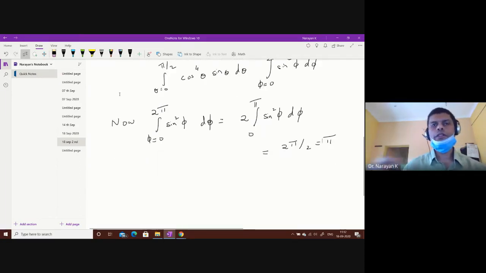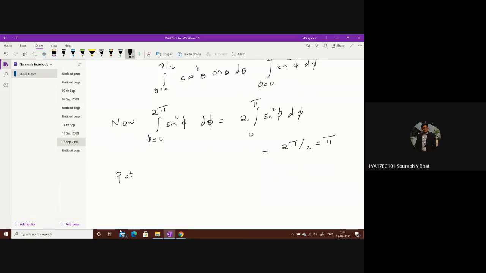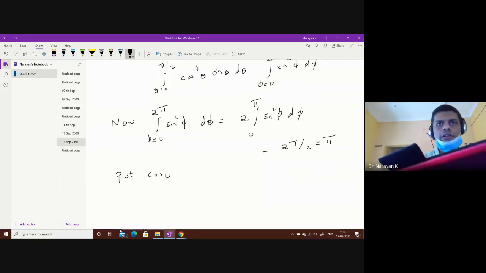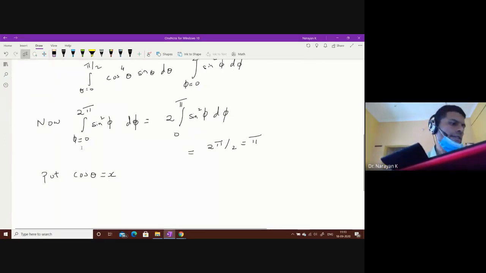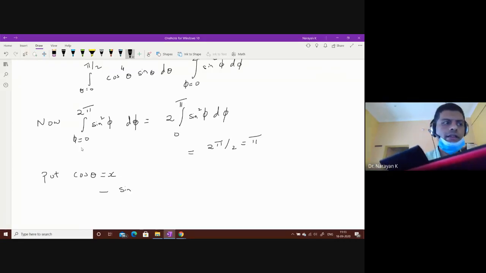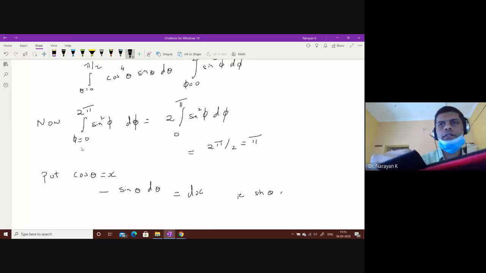So what I will do here is put cos theta equal to x. Then minus sin theta d theta is equal to dx, that is, sin theta d theta is equal to minus dx.